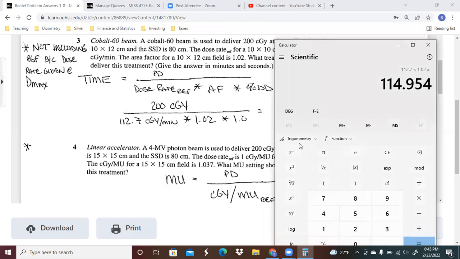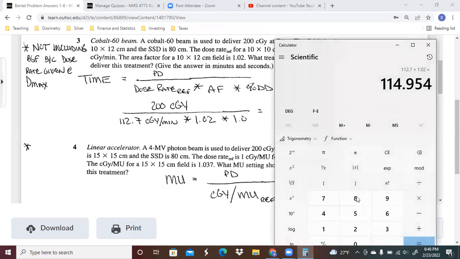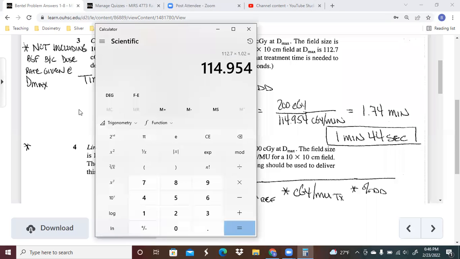I got multiplied by the 1 again, but we all know what that is. So if you take 200 and divide it by that, let's see if you come up with this. 114.954. I'm going to put this over here. Clear out everything. So I've got 200 divided by 114.954. And you come up with 1.7398, which is around 1.74 minutes.